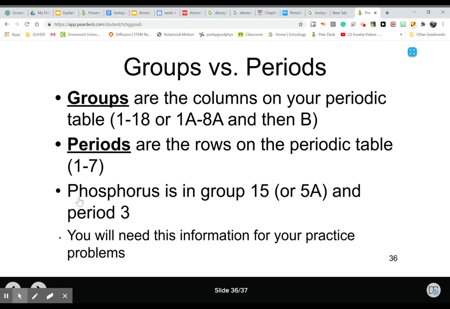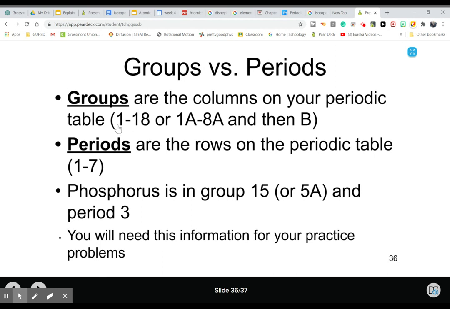And our very last slide is groups versus periods. So in your activity today, you're also going to have to identify the group numbers and the period numbers. The groups, this is a review from Tuesday this week, are your columns, and you can number them all the way across. If you have the link to the periodic table, you want to go ahead and see that.